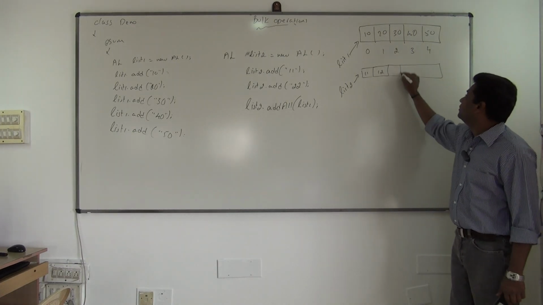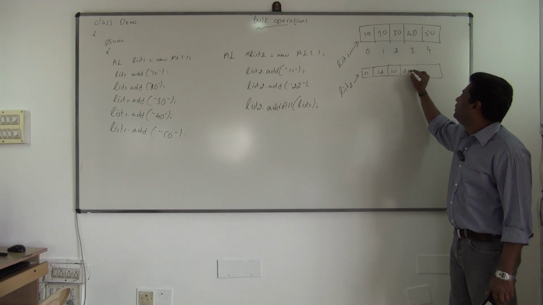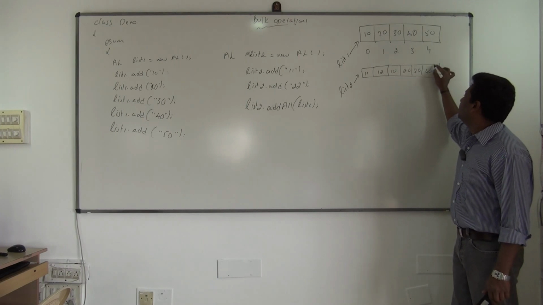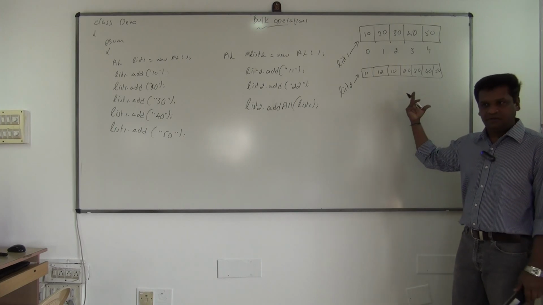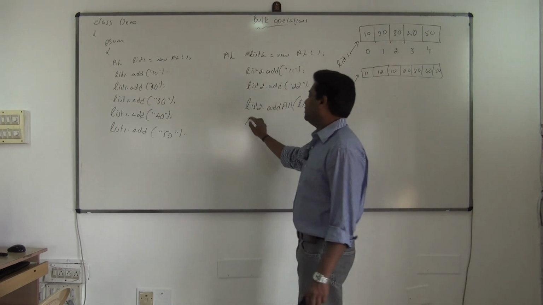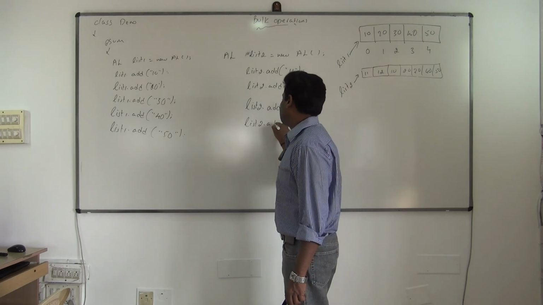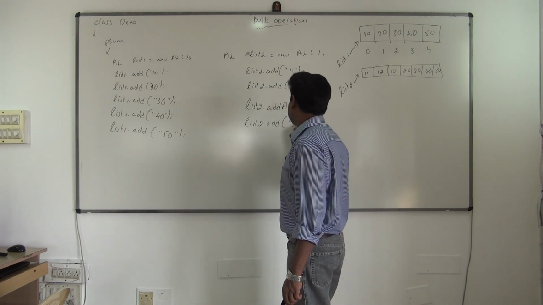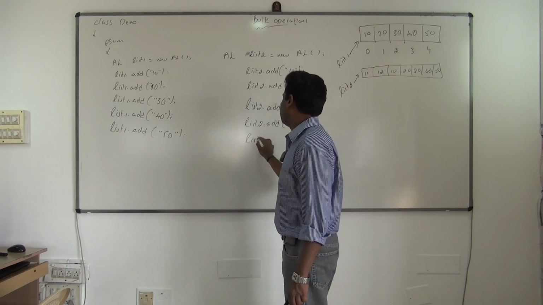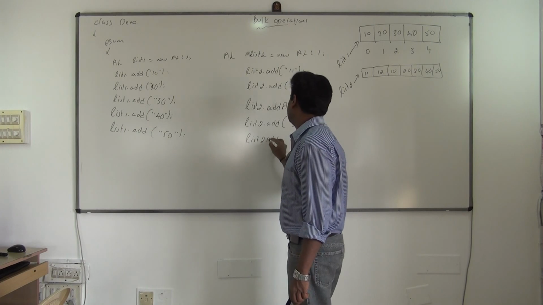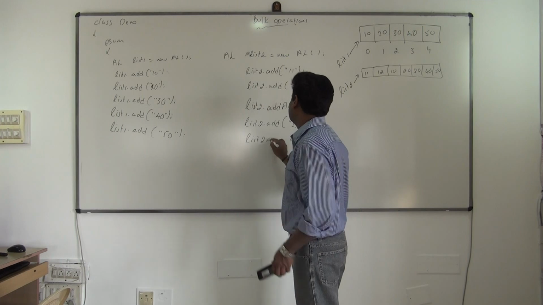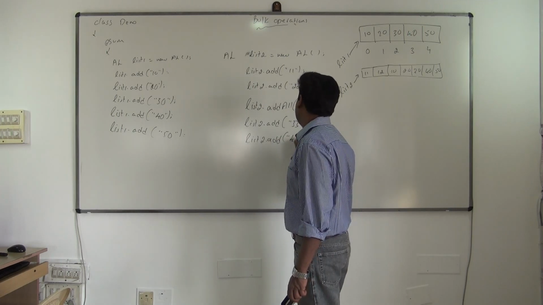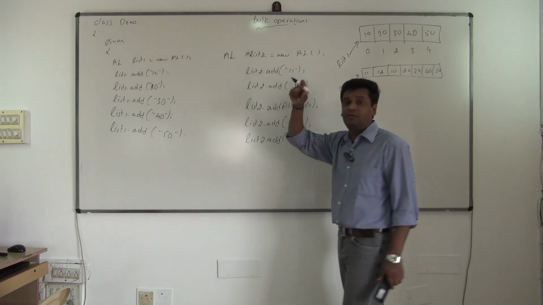How many elements, sir? 10, 20, 30, 40, 50. And it doesn't mean that it stops growing now. If I want, I can continue adding other elements. So list2.add 33, list2.add 44. I can add more values, and notice I'm adding the numerics in the form of string.